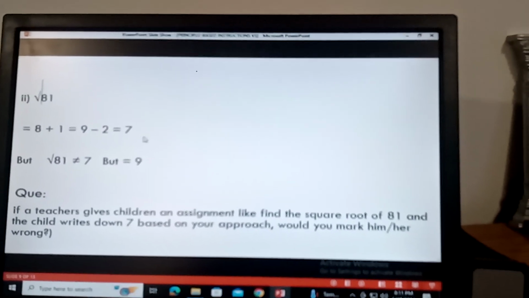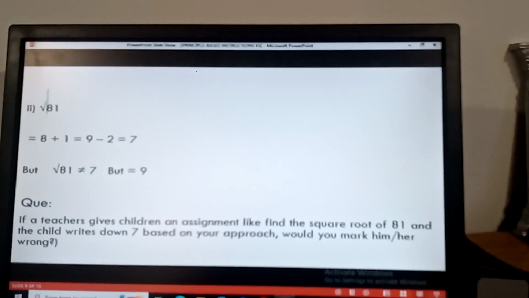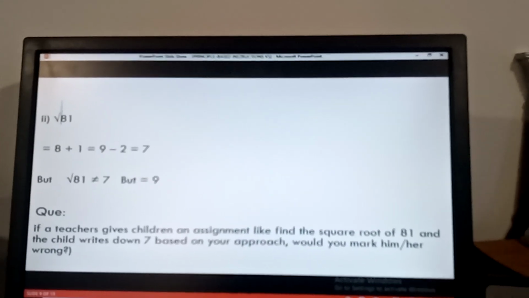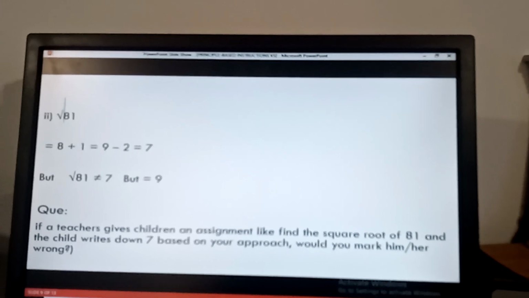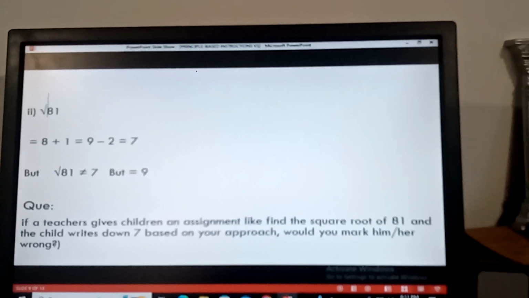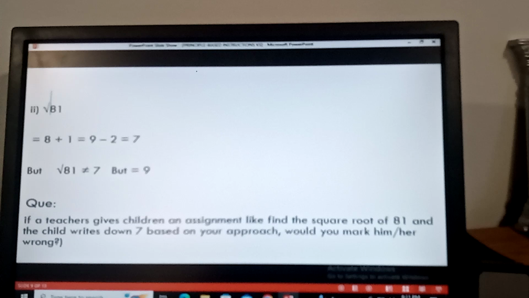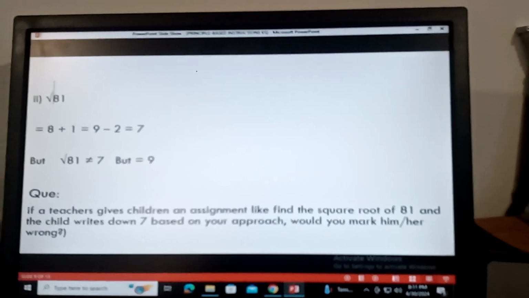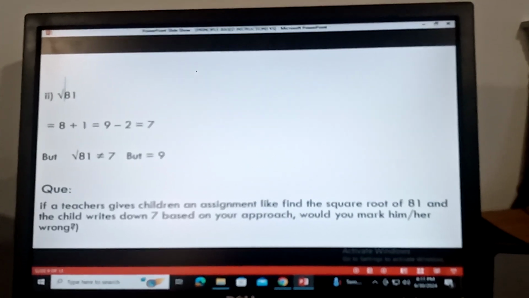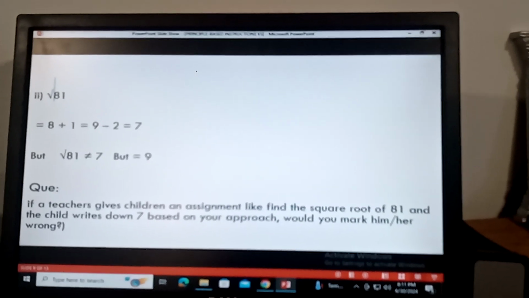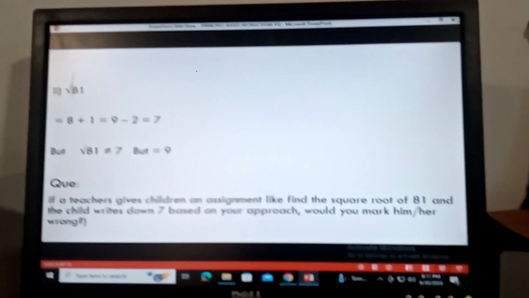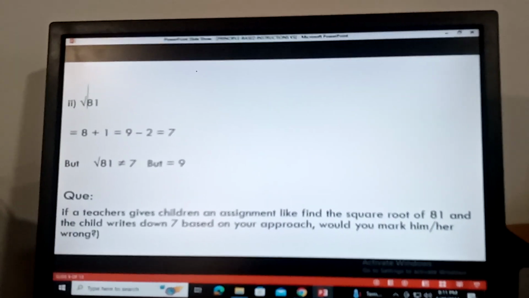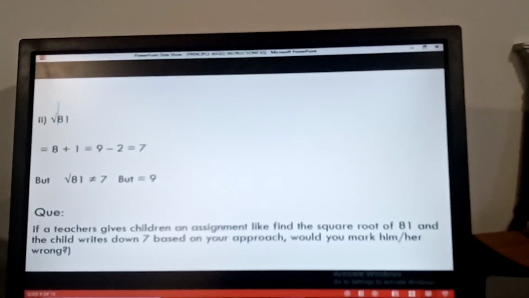Another question is, is the square root of 81 equal to 7? The answer is no. The square root of 81 is 9 instead of 7. So again, that is the teacher's method that he just introduced to class 3 or 4 at the basic level.